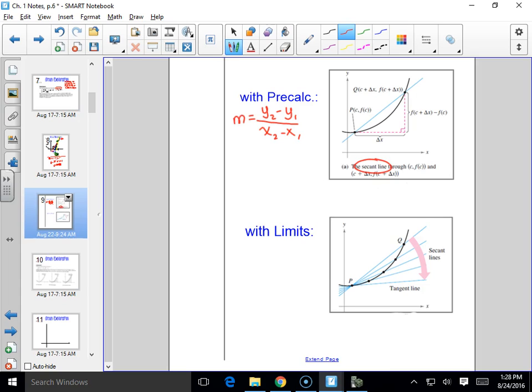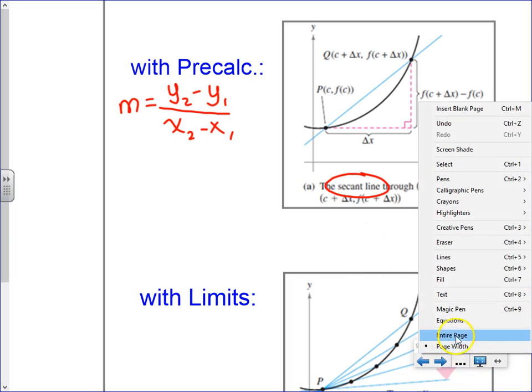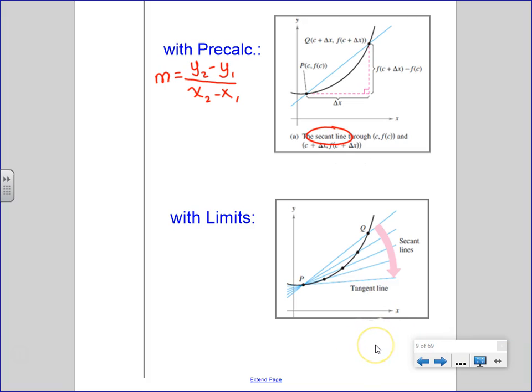Don't need to label all the delta x's and the crazy things like that. Just show me a secant line and be like, oh, that's right, slope formula. Got it. Then we need the slope of a tangent line.